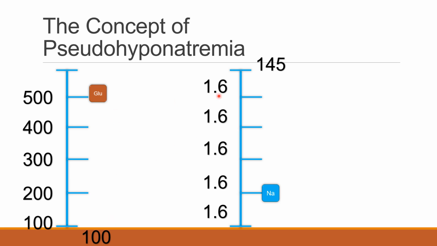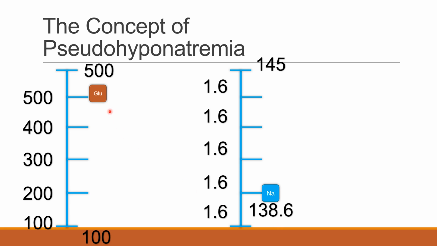So for 400, how much will it fall? 1.6 multiplied by 4, so 6.4. So when the blood glucose comes to 500, the measured sodium that we get in the report is 138.6. That is 145 minus 6.4. The actual sodium is 145, but the measured sodium is 138.6.